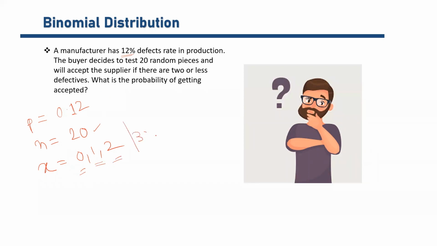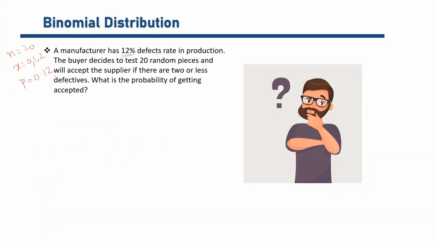If it is going to be 3, we are not going to take it. So first we have to understand: N is equal to 20, X is equal to 0, 1, 2, and P is going to be 0.12, because this is the defect rate we are claiming.